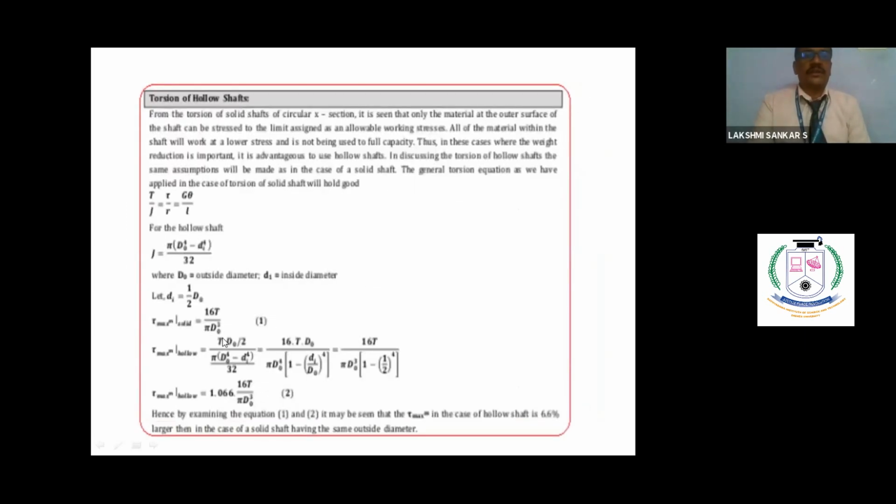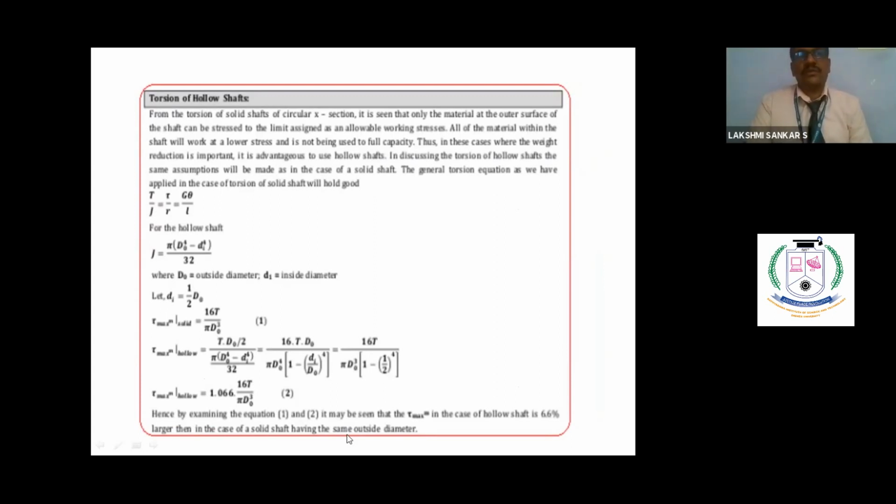So torsion of hollow shafts, if you see. Of course, you have to use now where J is coming. This particular idea you have to use now. For example, if you take the inner diameter equal to half of the outer diameter, then you will notice in comparison with the solid shaft it is 1.066 times. Okay, when do we apply hollow shaft or solid shaft?